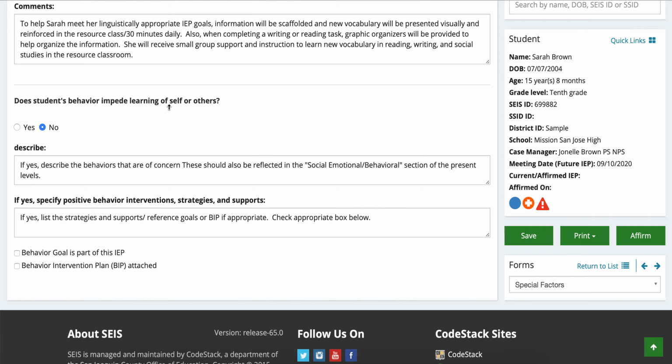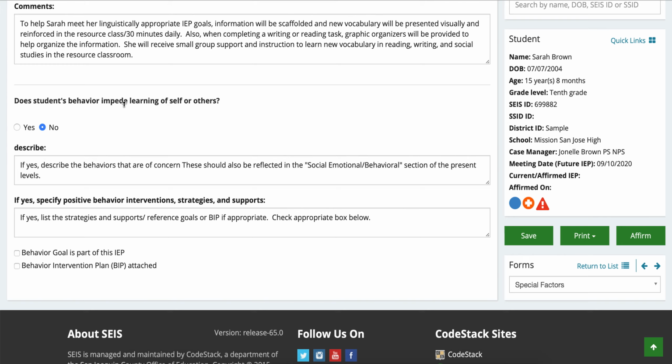If it is determined that the student's behaviors are impeding learning, then the team should determine if a behavior goal is appropriate and what strategies and supports are needed. If the behavior tends to be or ends up being significant enough that you're going to be using a behavior intervention plan, be sure that you're attaching the behavior intervention plan to the IEP document.